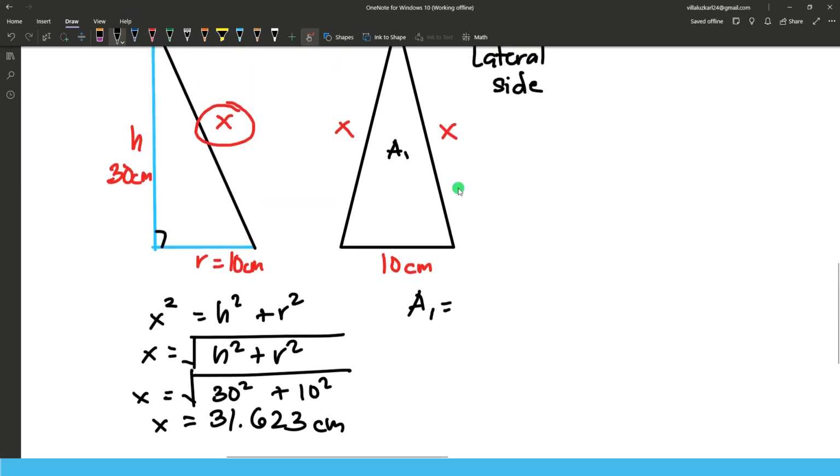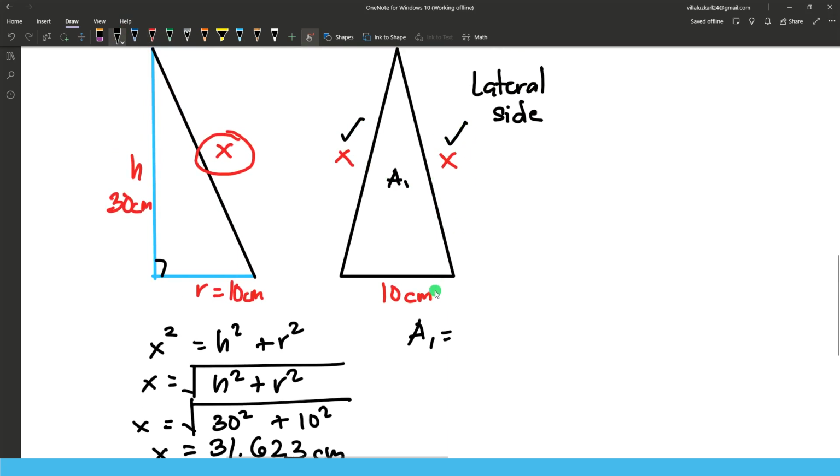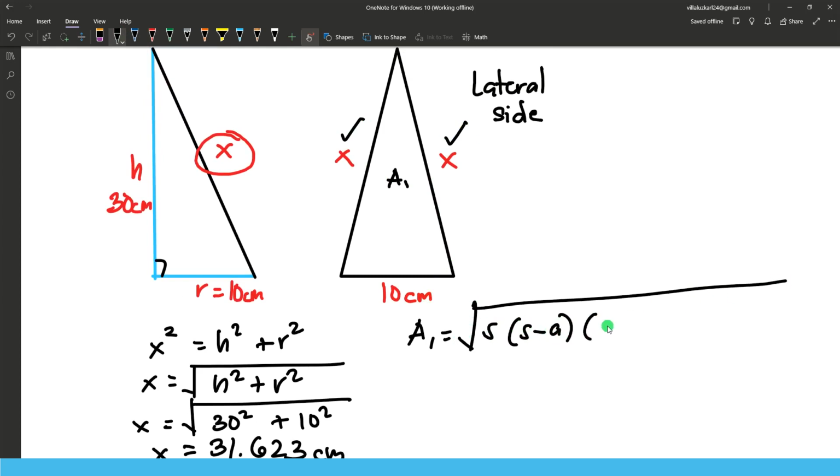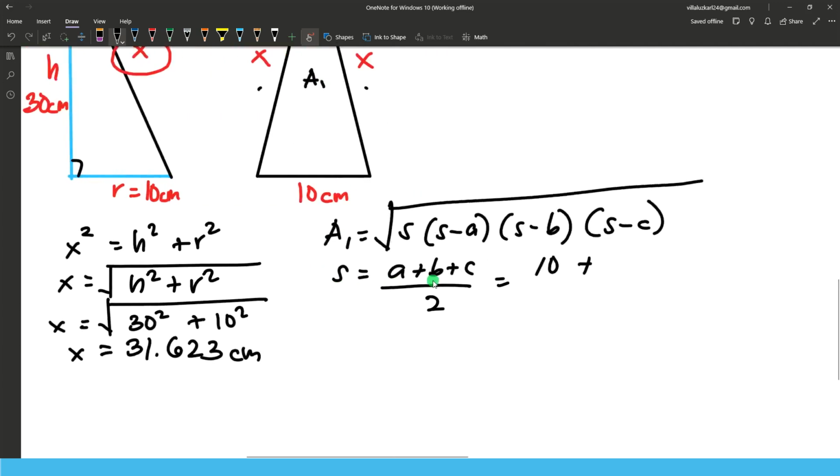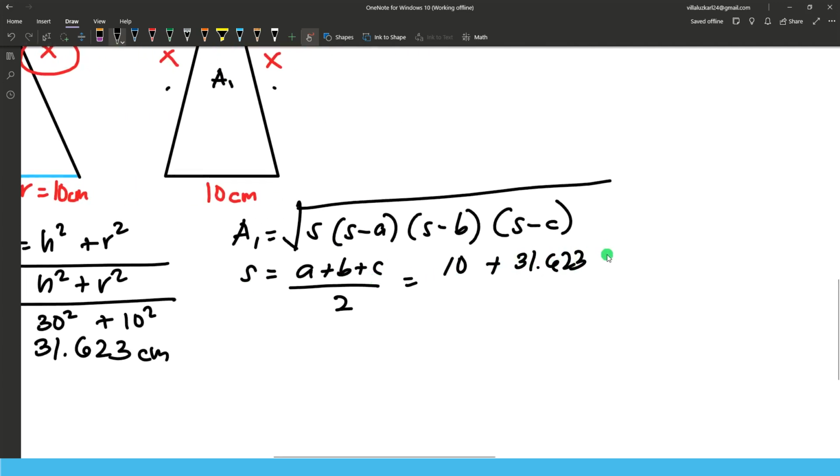All sides are given, so we can use Heron's formula: the square root of s times s minus a, s minus b, s minus c. The semi-perimeter is a plus b plus c over 2, or 10 plus the two sides x, 31.623 plus 31.623, over 2. So s is equal to 36.623.